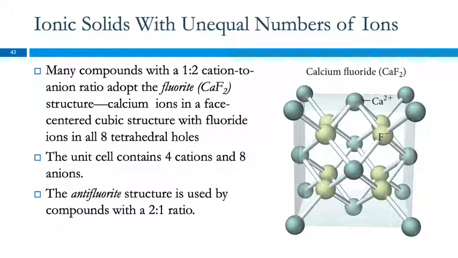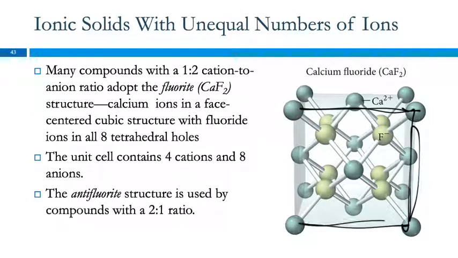If you have a 1-to-2 ratio, this is calcium fluoride. Hopefully we're getting a little more familiar with looking at this. I'll draw the box again now. So there's our corners, and there's this one in the middle. This is face-centered still.